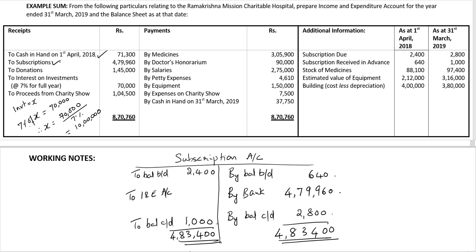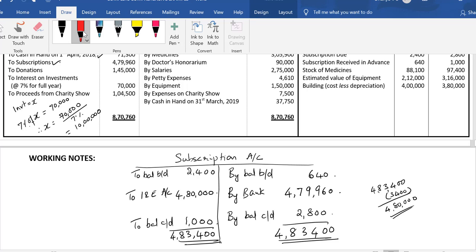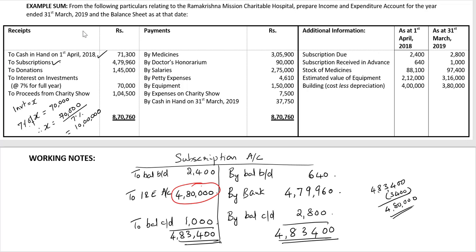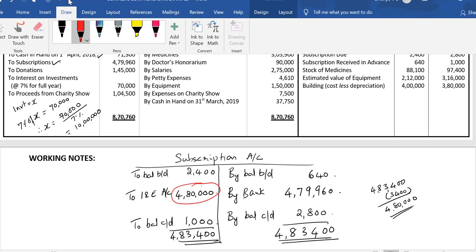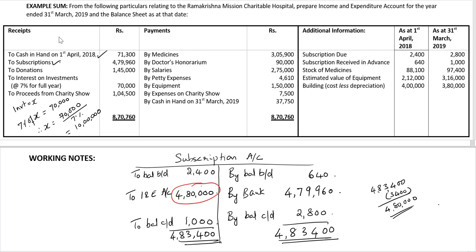We need to subtract 3,400 rupees. 4,83,400 minus 3,400, we are left with 4,80,000 rupees to be taken to the income side. So this amount needs to be taken to the income side. We'll continue with the other accounts before finally posting it.